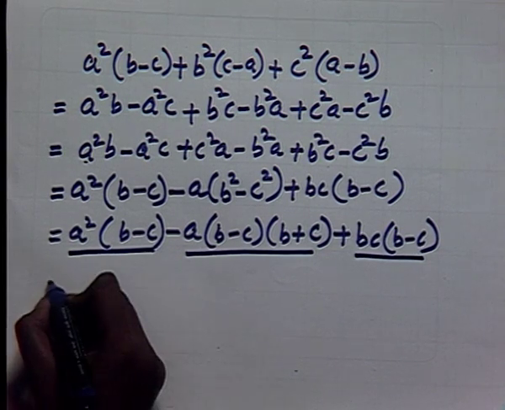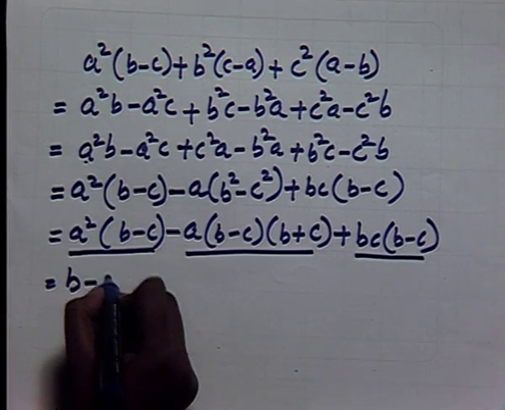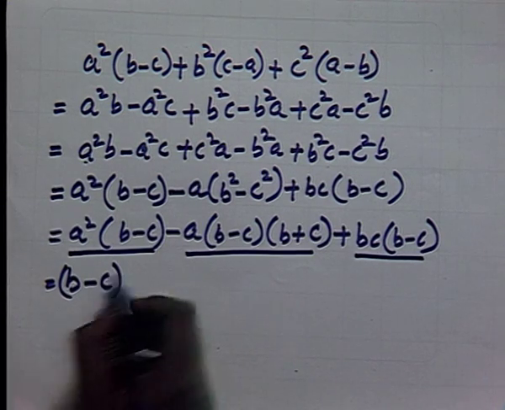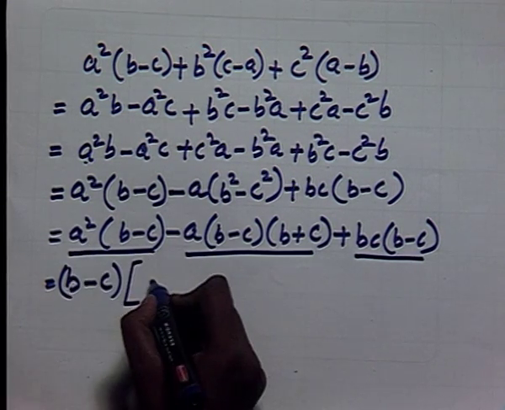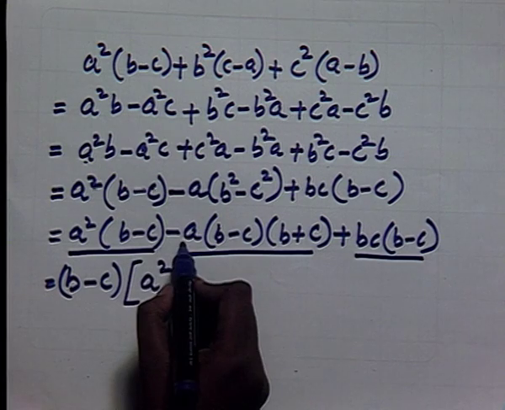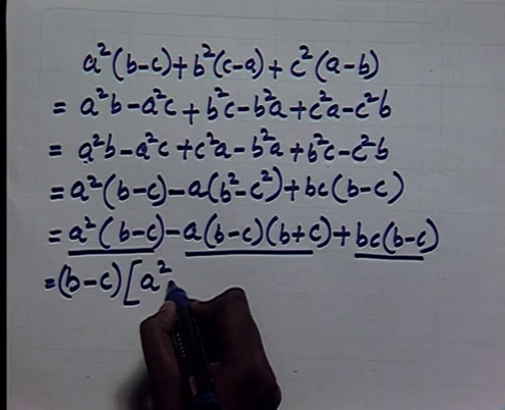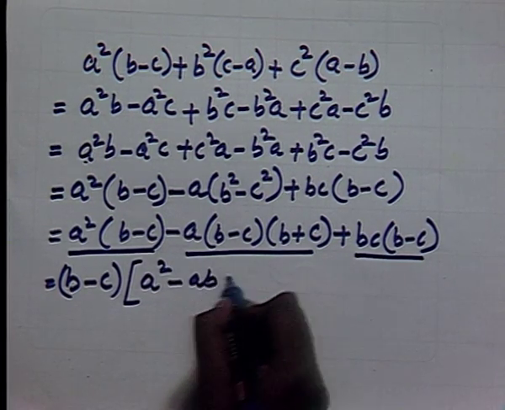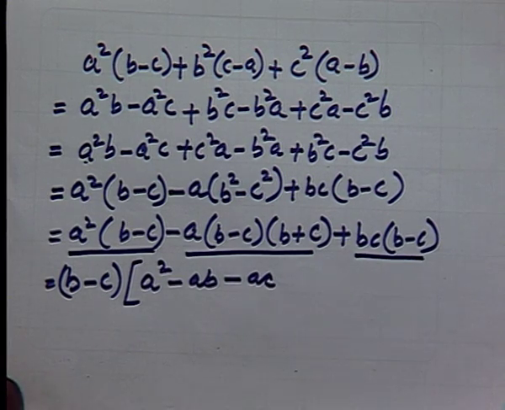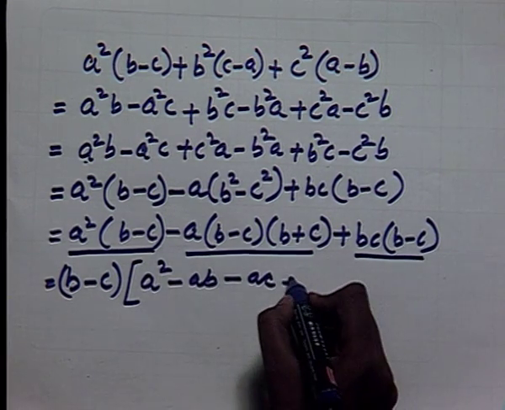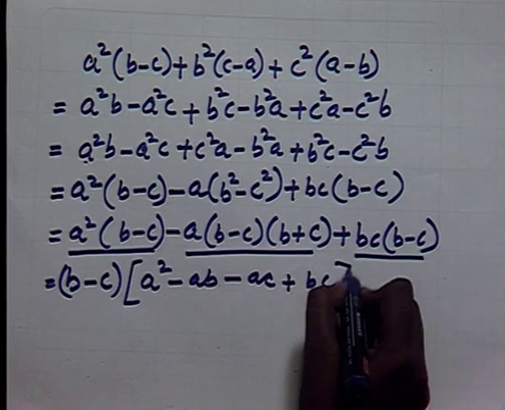So, taking out B minus C as the common factor, we are left with A square minus A into B plus C, that is minus AB minus AC, plus BC.